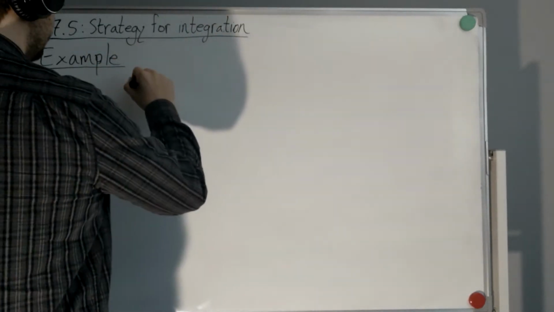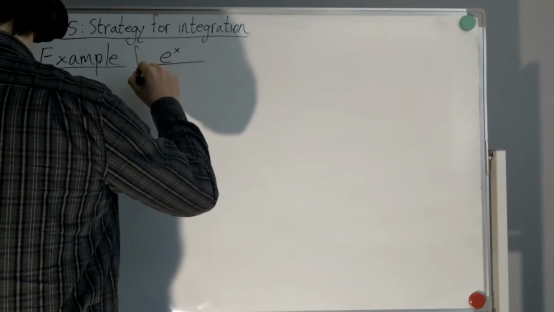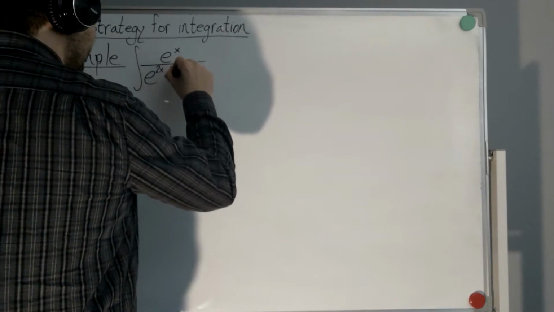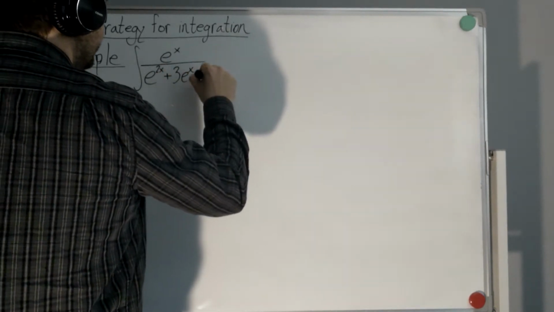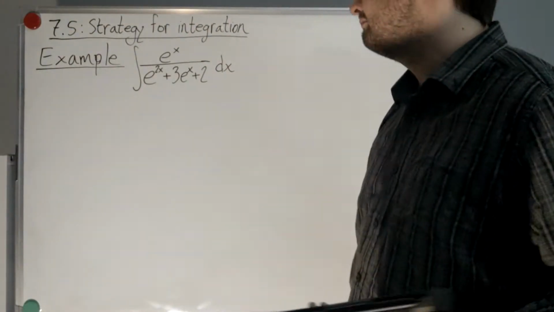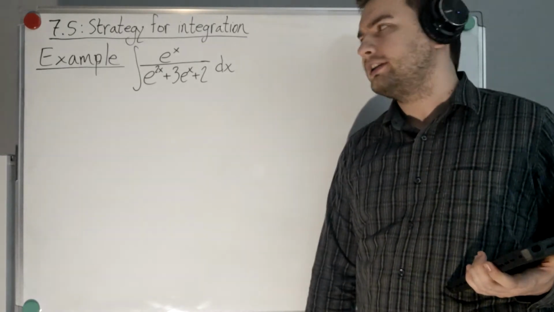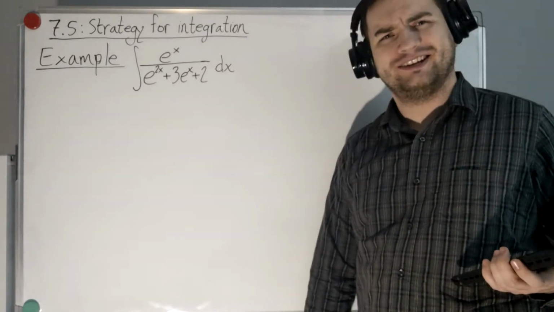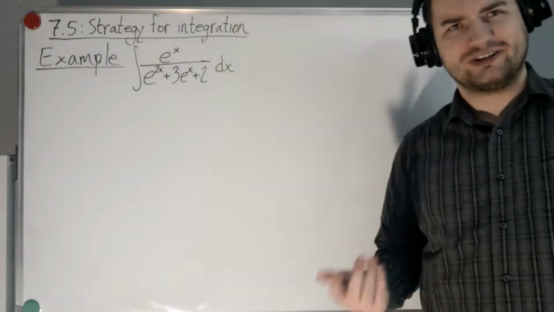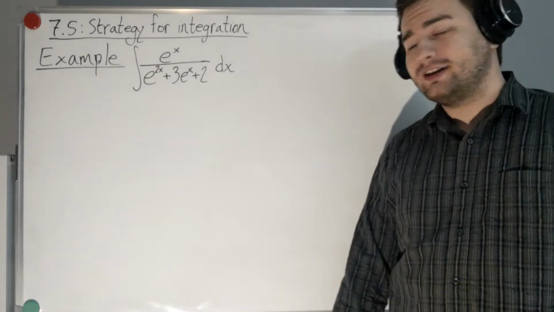So let's say we're asked to evaluate the following definite integral, e to the x divided by e to the 2x plus 3e to the x plus 2 dx. Now, you look at this for a second, you're like, wait, what? Because there's nothing really that we've talked about that would immediately allow you to handle this in one step.